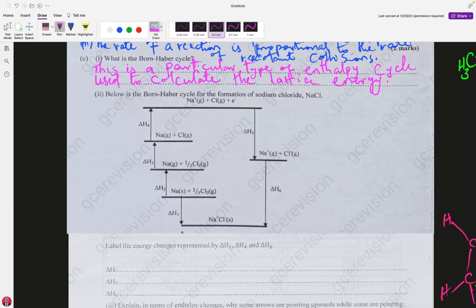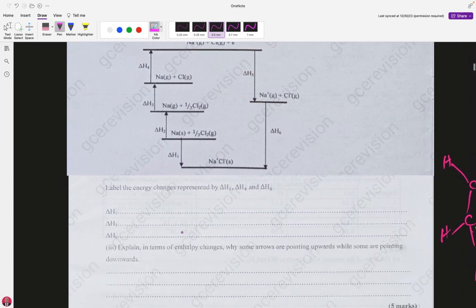Now at the gaseous state, we go to 6. Under 6, we have the lattice energy of sodium chloride. So let's put it briefly like that.